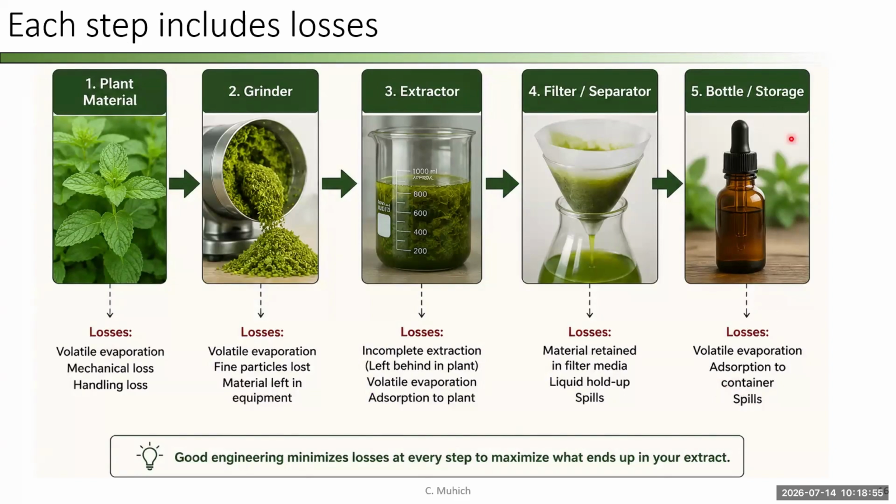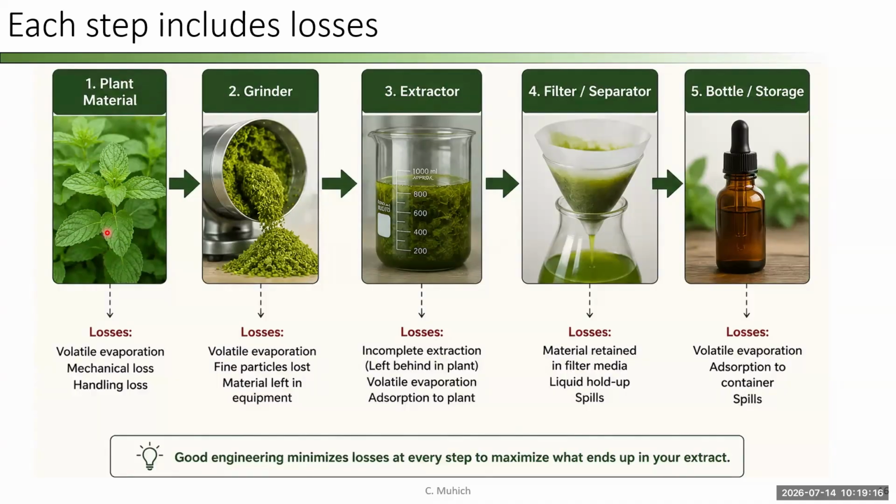One of the key things that I want you to realize is that every single unit operation that I do, so each of those black boxes, is going to include some sort of loss. So let's take again our mint. Even just handling the mint is going to have some sort of loss, right?